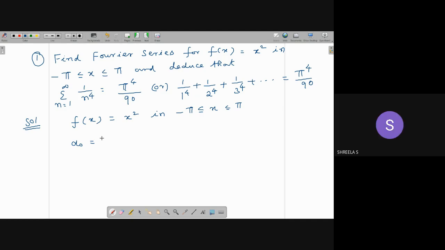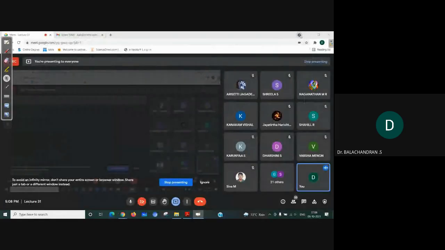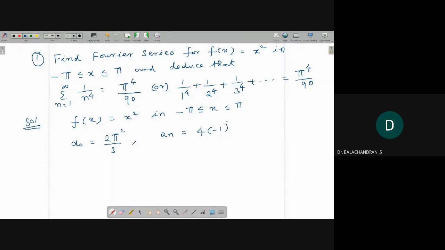Sir, a naught is 2 pi square by 3. Yes, 2 pi square by 3. What is an, Sheila? Please verify: it is 4 times minus 1 whole power n divided by n square. And bn is 0.